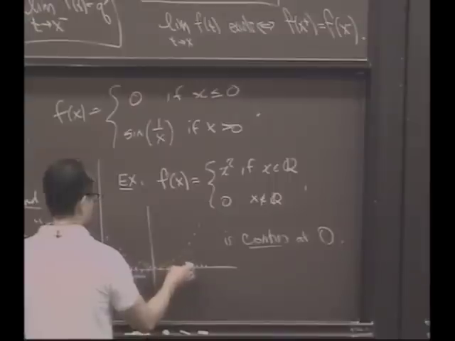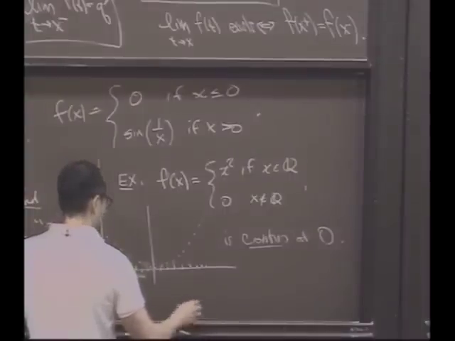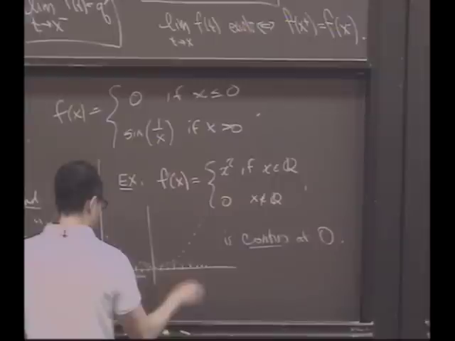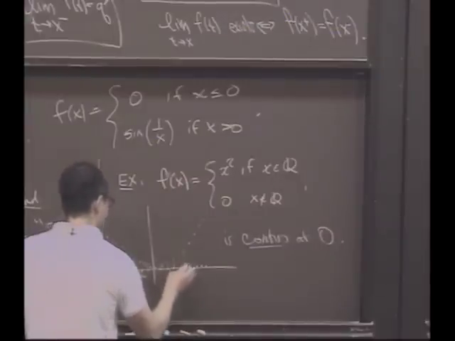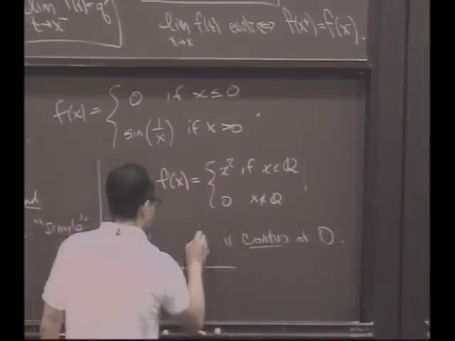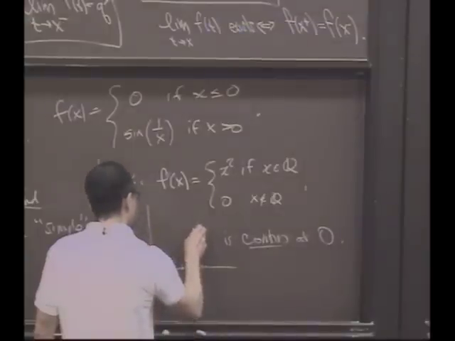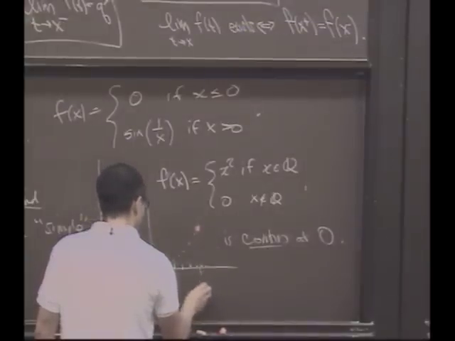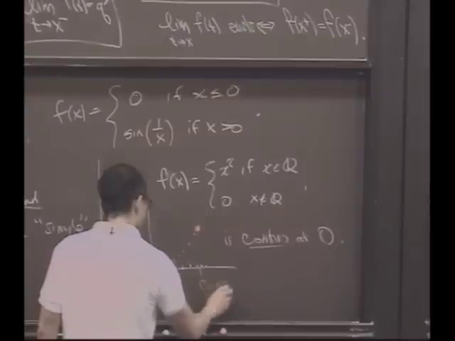Well, no, because I always have rationals within any ball. What's the proposed limit? Well, I could be outside of that ball if here, let's do an example. Take this point, whose value is here. This is some rational r in Q.